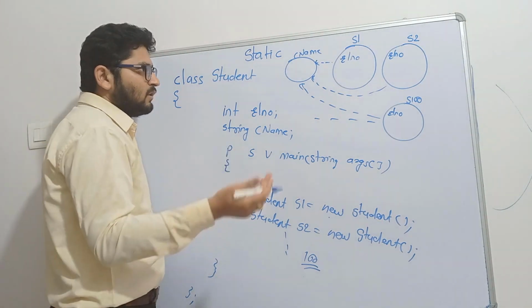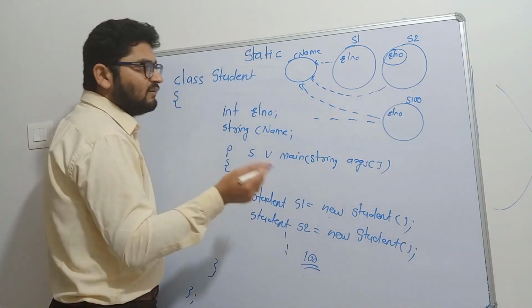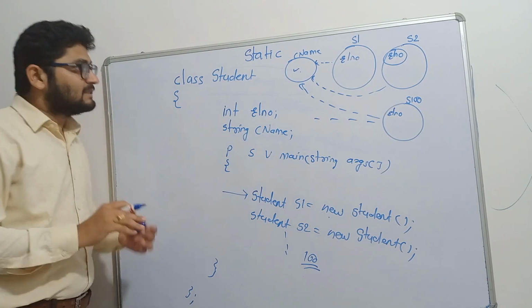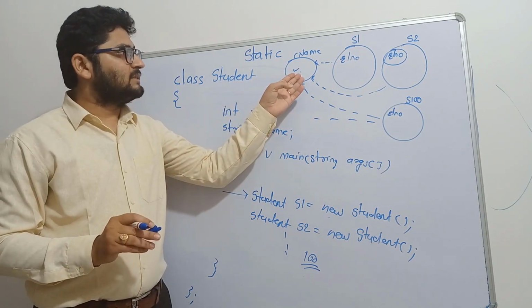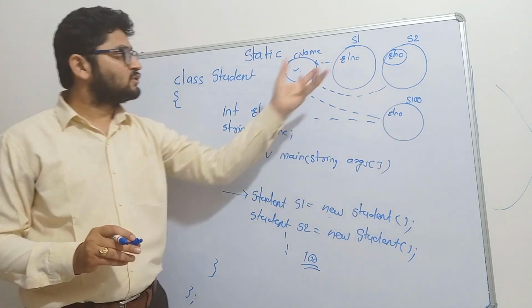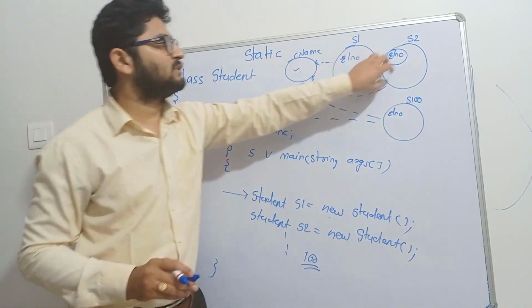Whenever I want the roll number of student S2, I can get it from here, and whenever I want the college name of any student, I can get it from the shared copy. There is no point in storing the college name with each of these students.